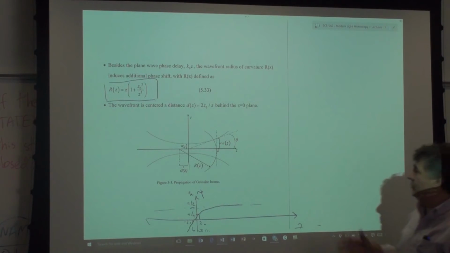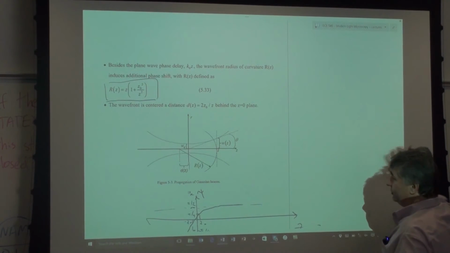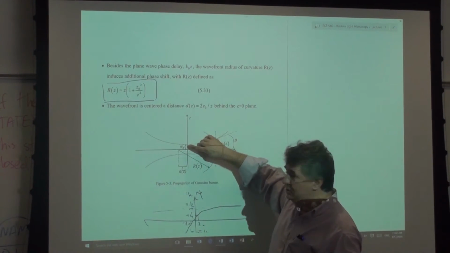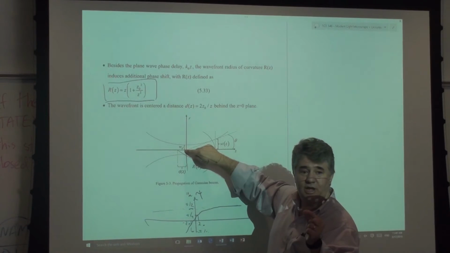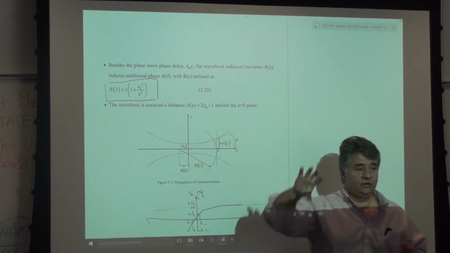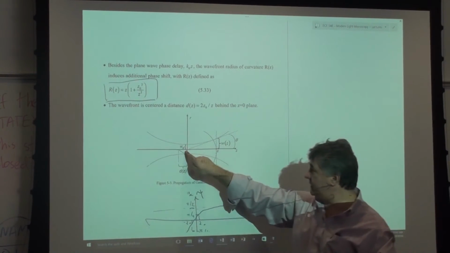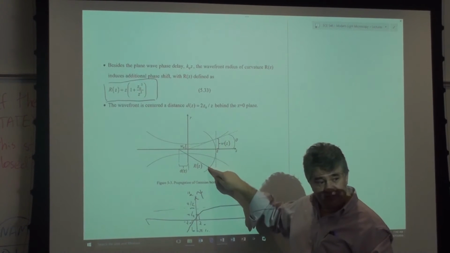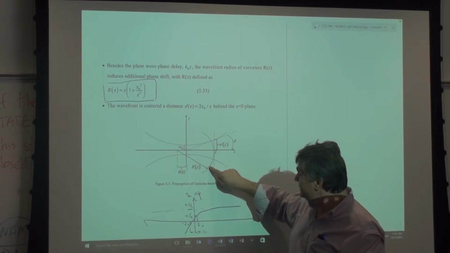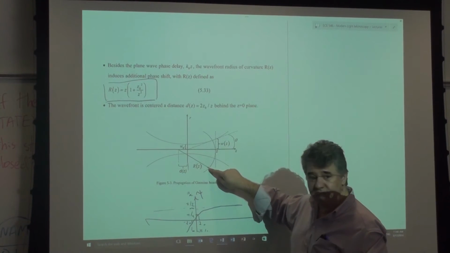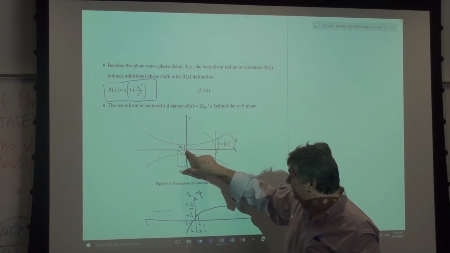Yeah? So basically what it means is, if I go far away from this plane of focus, my plane of focus becomes a point, and my spherical wave is defined with respect to that center. Interestingly, in real life, when you have a Gaussian beam, the center of this circle is not exactly in the middle.